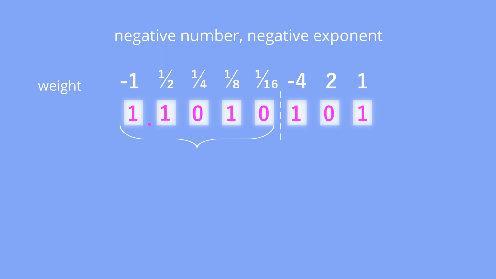Now let's consider an example with a negative number and a negative exponent. The exponent equals 1 times negative 4 plus 0 times 2 plus 1 times 1 and equals negative 3.